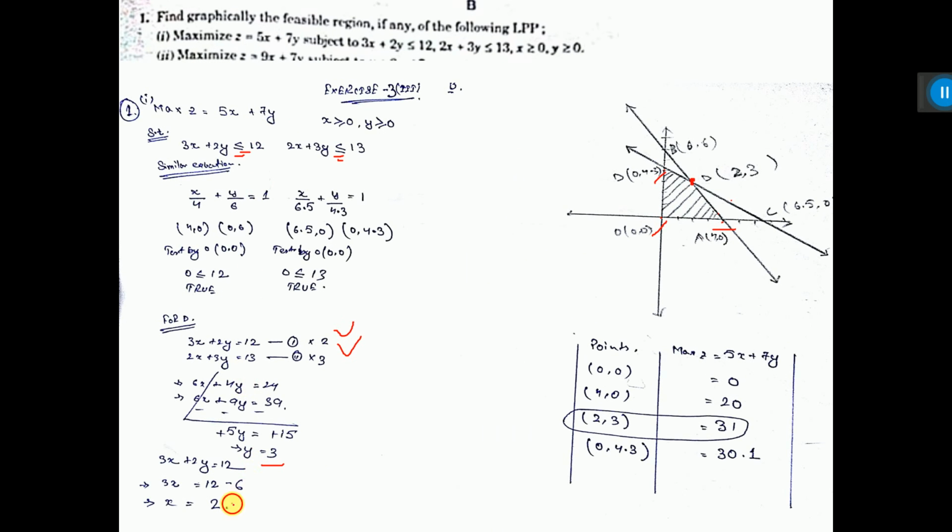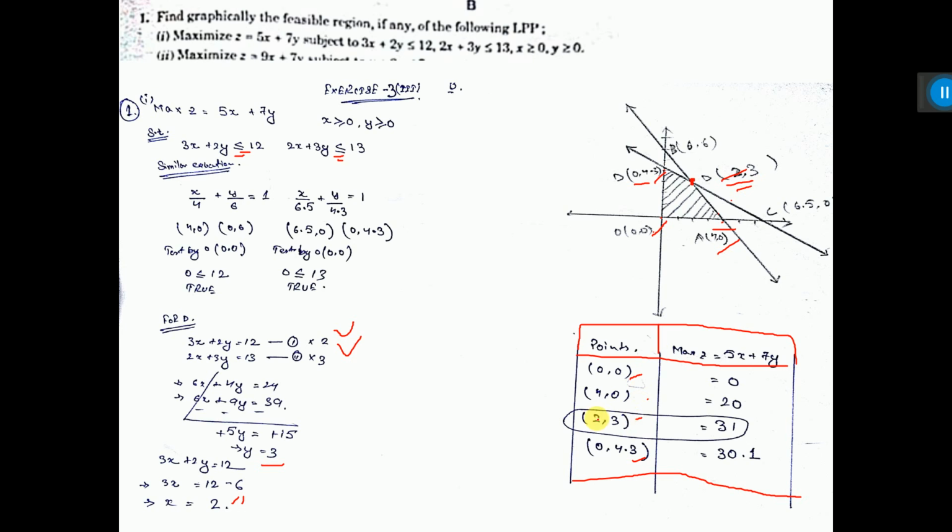After getting x and y, the point is (2, 3). Now for these corner points, you draw a table whose headings will be points and max z. The points you put: (0, 0), (4, 0), (0, 4.3), and (2, 3).